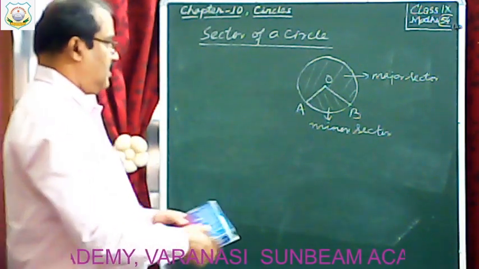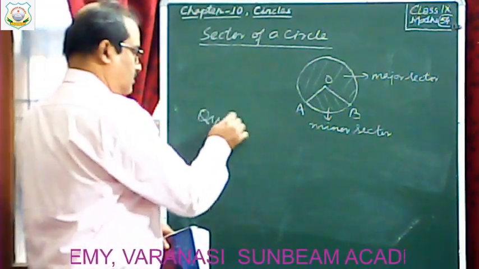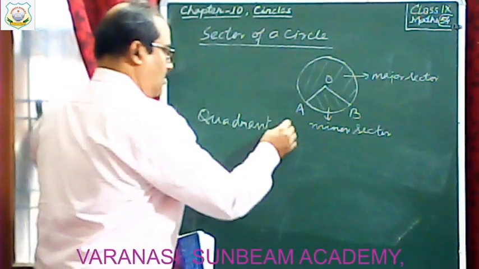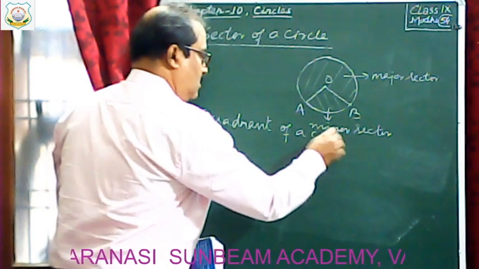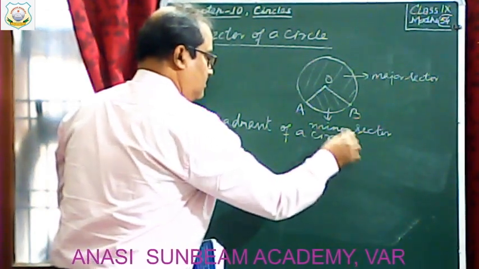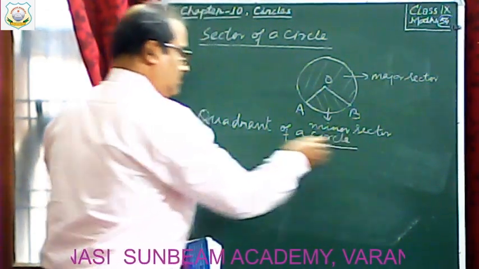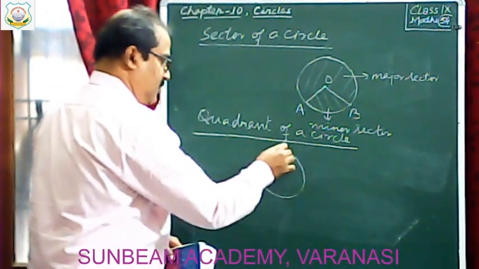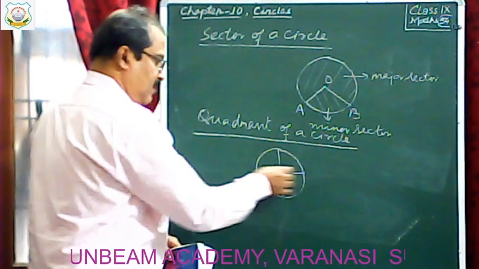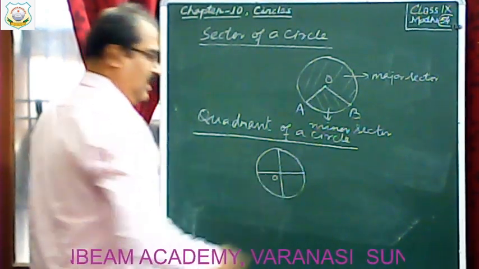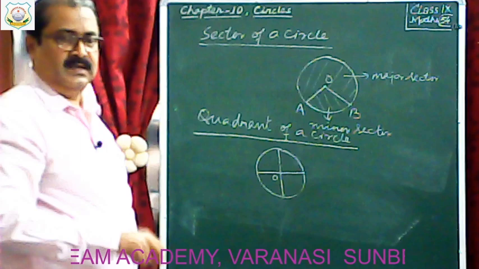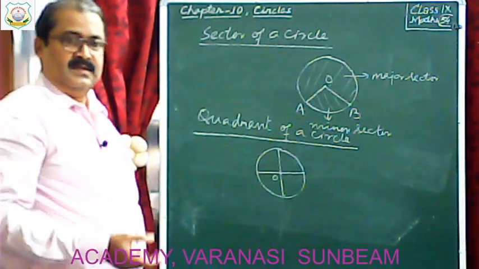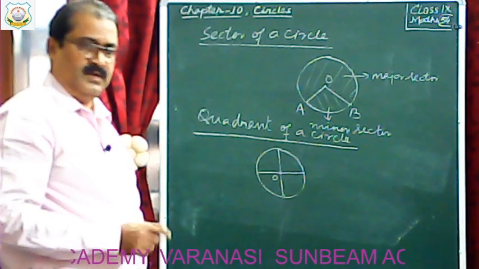Quadrant of a circle. One-fourth of a circle is known as a quadrant.